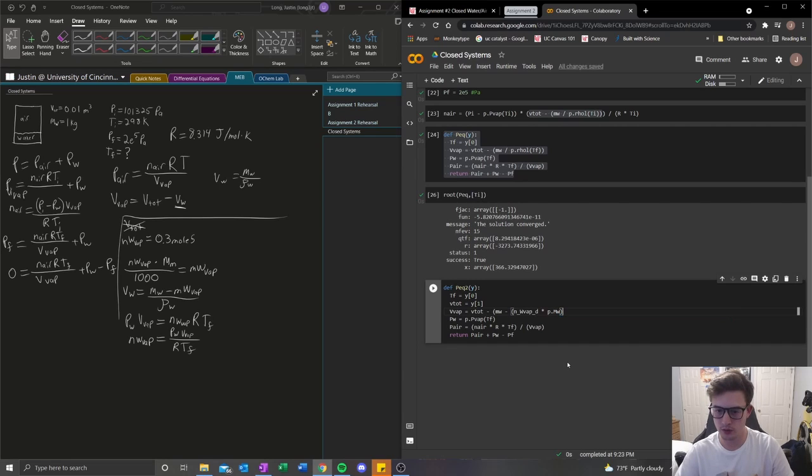Then we just need to divide this quantity by 1,000 to get it into kilograms. Perfect. So that gives us the mass of our water vapor.